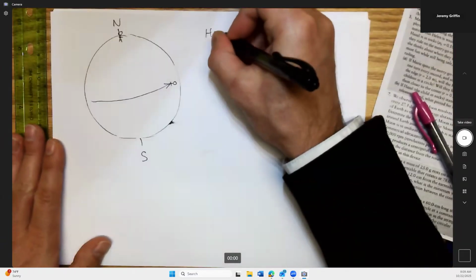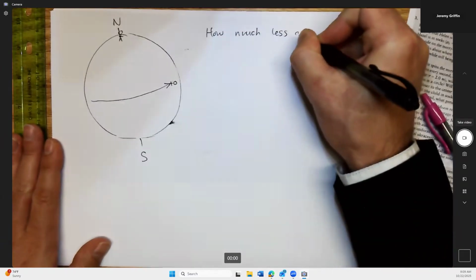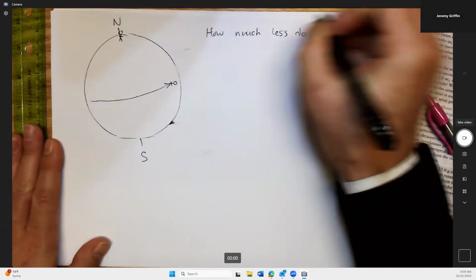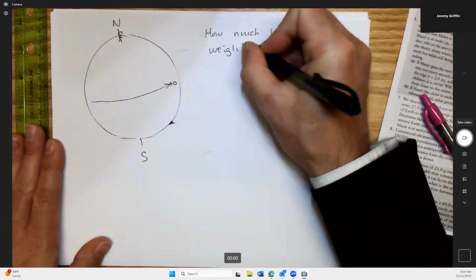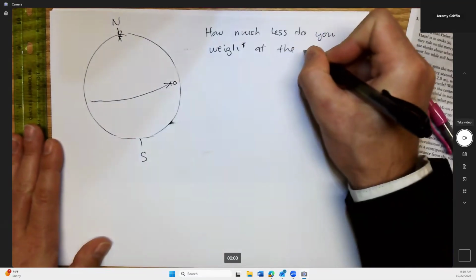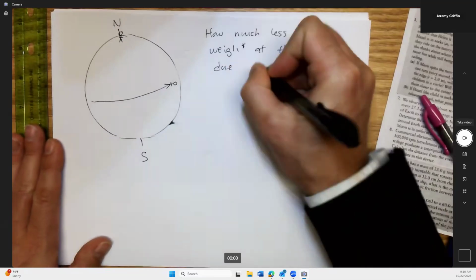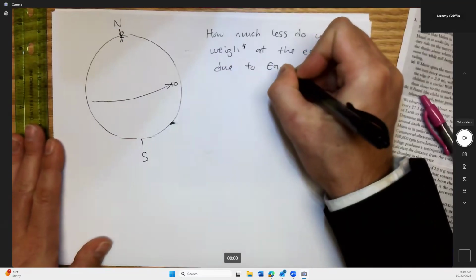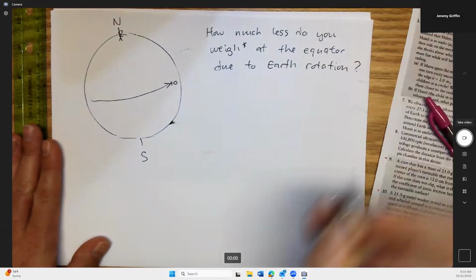How much less do you weigh at the equator due to Earth's rotation? Okay, you guys get the idea, right?